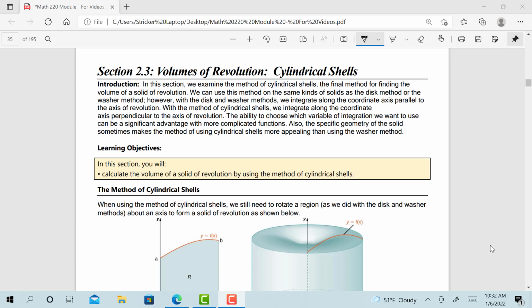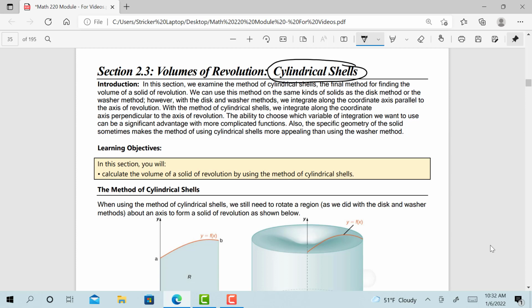We looked at the disk method and the washer method. In this section, we explore a new method where we look at cylinders, and so it's called the method of cylindrical shells. The reason why we talk about this new method is it gives us some flexibility as far as the axis which we rotate about.